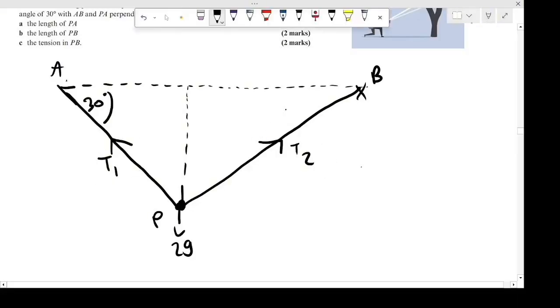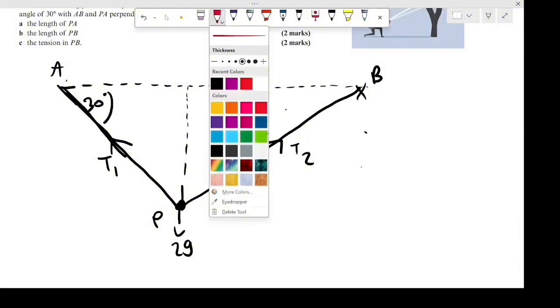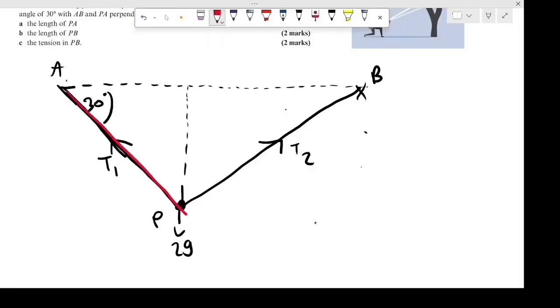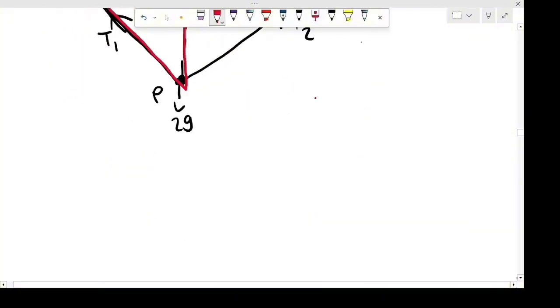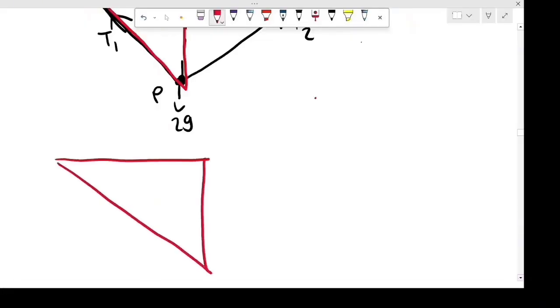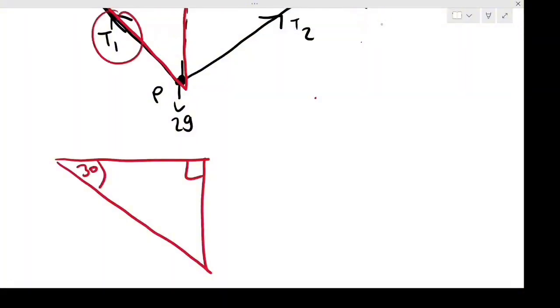So firstly, I've got this triangle here. I'm going to do it in red. If I just copy this triangle down here, okay, so this is a right angle. This is going to be 30 degrees, and our force T1 is going to act up here.